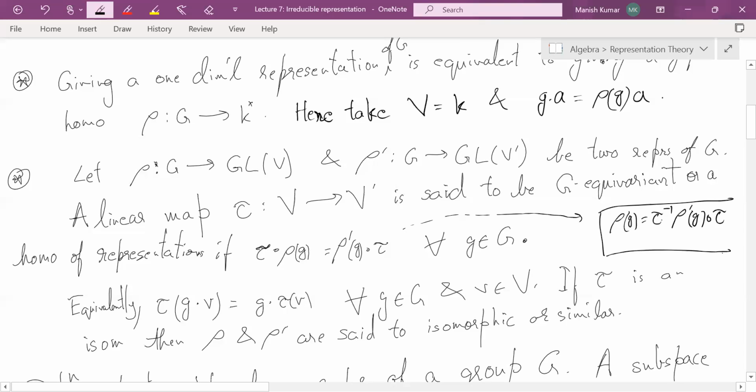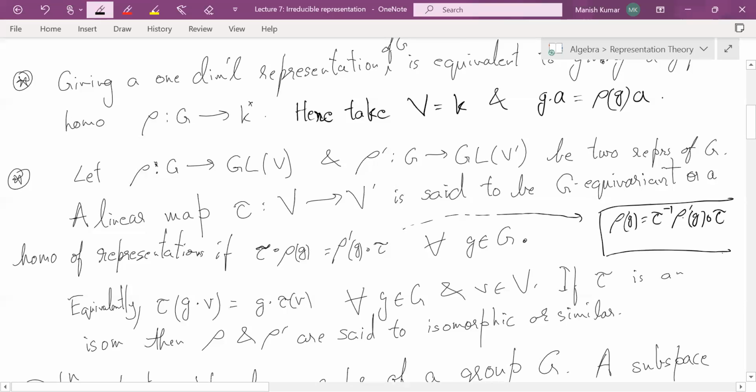So tau will correspond to a matrix from V to V prime, and then the change of basis matrix from V prime to V will be the inverse of that. So you will get that rho G and rho prime G are conjugate by this matrix. Not just that rho G and rho prime G are similar, the change of basis matrix is the same.